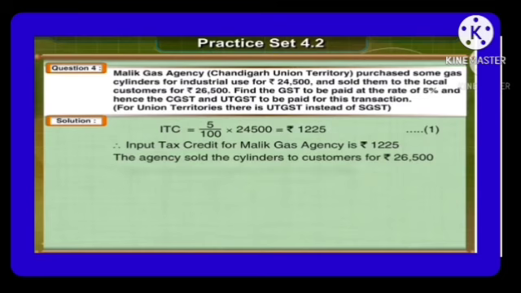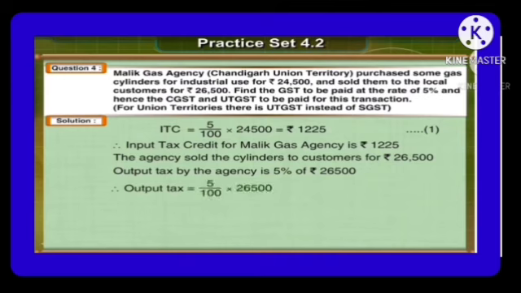Therefore, output tax by the agency is 5% of rupees 26,500. So output tax is equal to 5% on 26,500, which is equal to rupees 1,325. Let us consider this as 2.